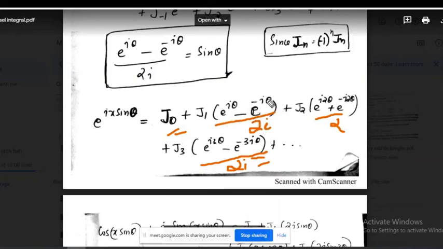This is equal to 2i sin theta. This will be 2 cos 2 theta, and this will be 2i sin 3 theta. Are you getting this? How we are writing it like this?